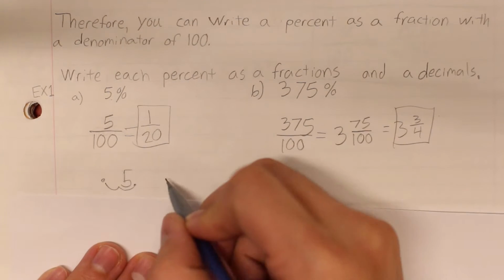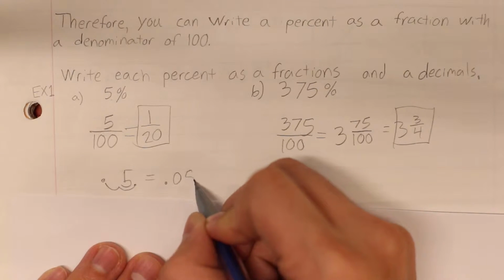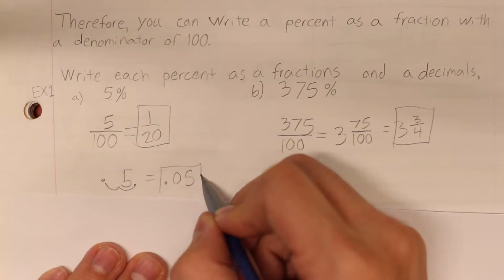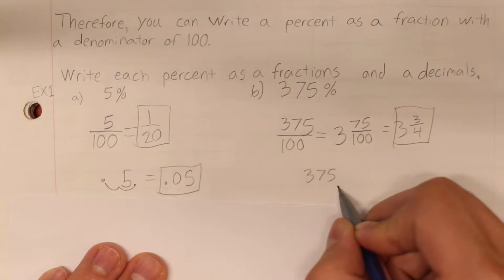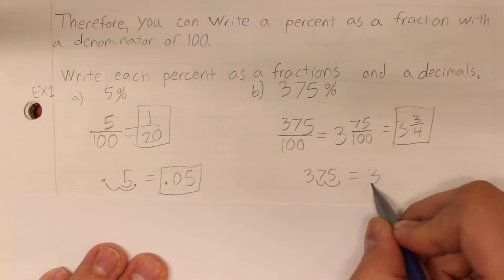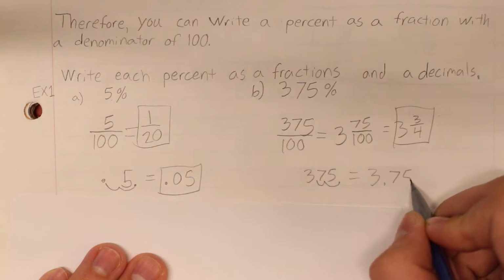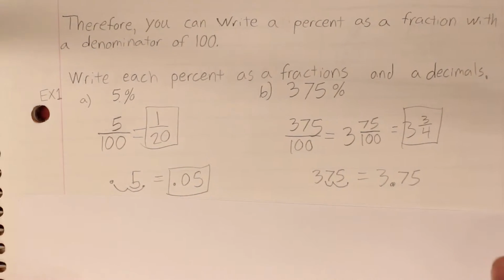Fill in any gaps with zeros. So this gives me 0.05, and that's how you turn it into a decimal. So this one, write down 375, put your decimal at the back, move forward twice. So this equals 3.75, okay? That's how easy that is to turn into a decimal.